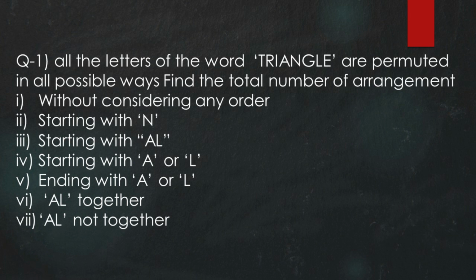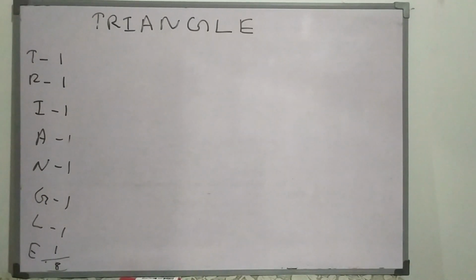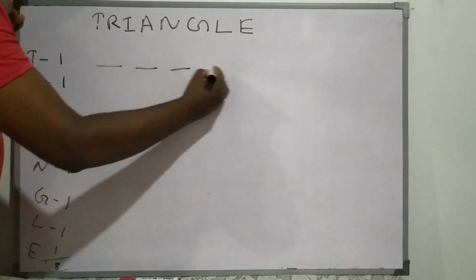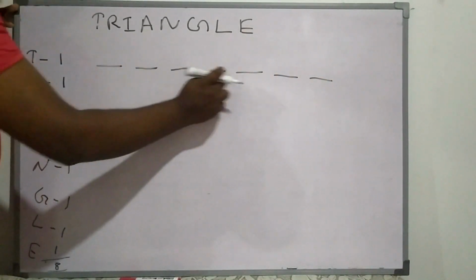The next one is ending with AOL. Ending with AOL means you have to put A and L at the ending positions. Here we have 8 positions.